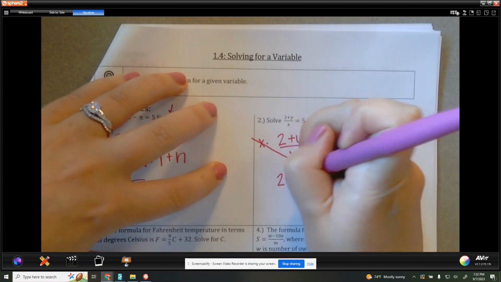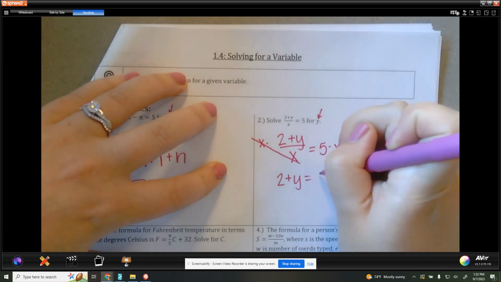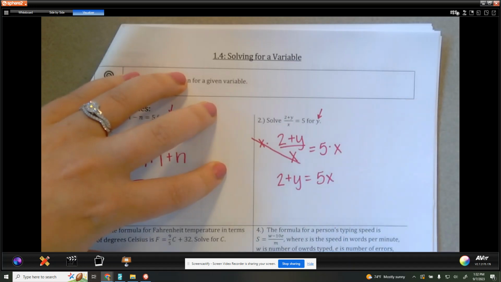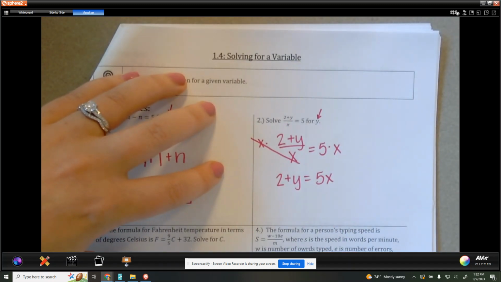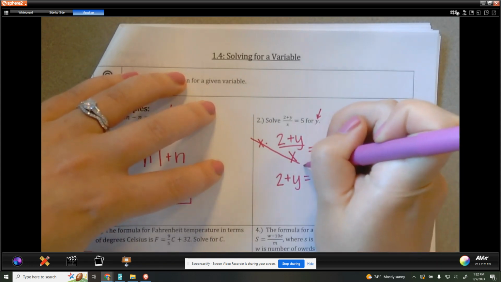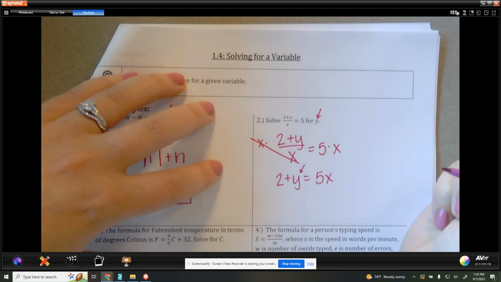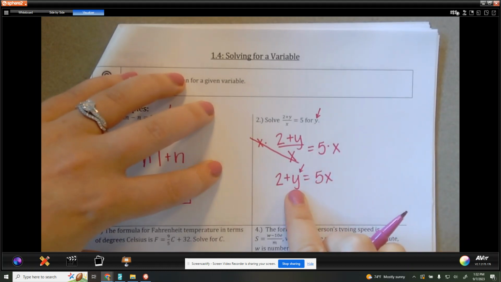Bring down 2 plus y, and we have 5 times x over here. Again, it's handwriting practice. We're just moving stuff around, rewriting it so that we can use it. Keeping this in mind, I want to get y by itself. That's my goal. y is not totally by itself yet. It's got this plus 2 out here. So how do we undo plus 2?